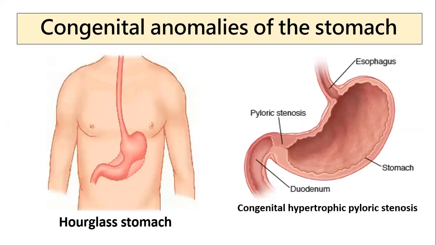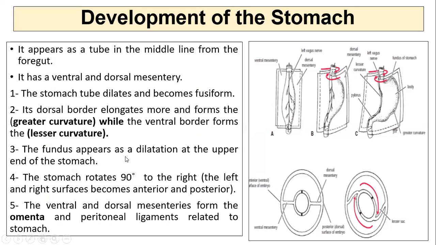Now coming to the congenital anomalies of the stomach. Sometimes the growth of the curvatures, as we saw, there will be growth of the anterior and posterior border to form the lesser and greater curvature.